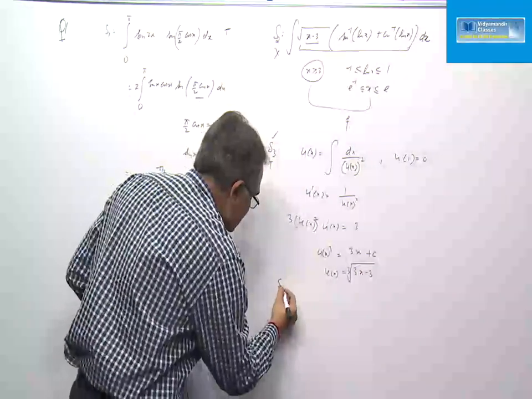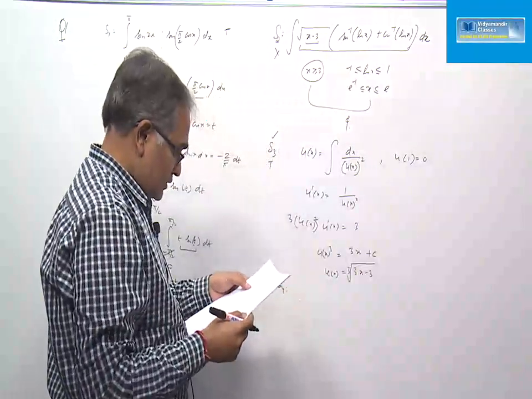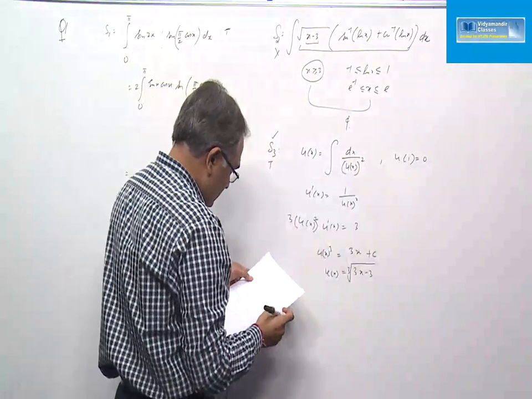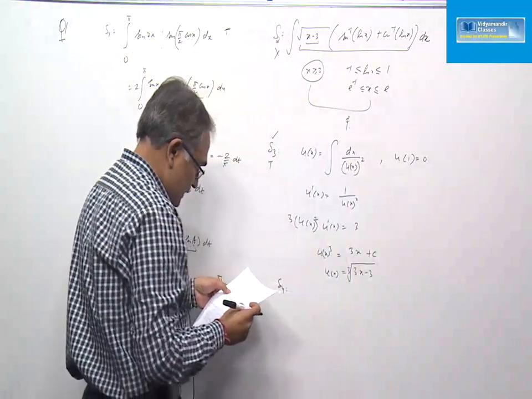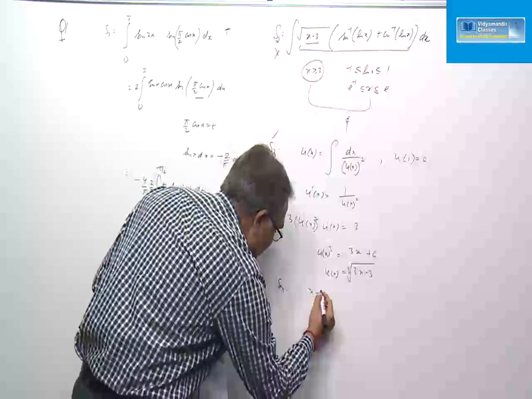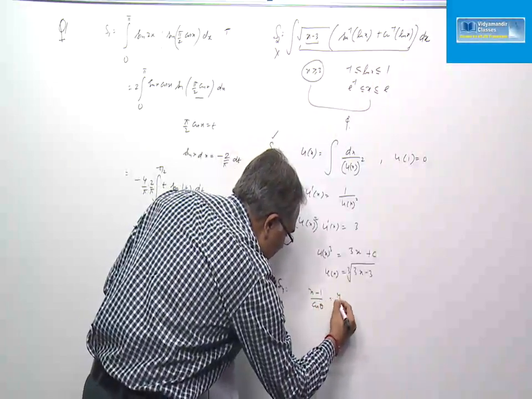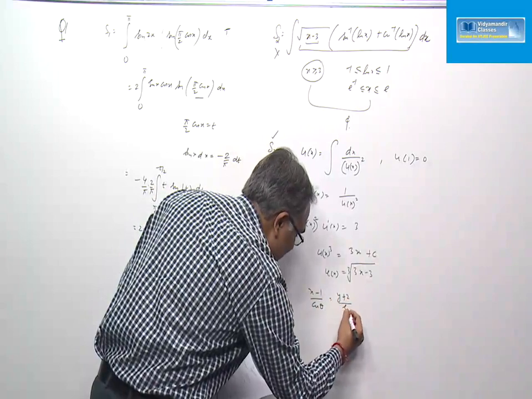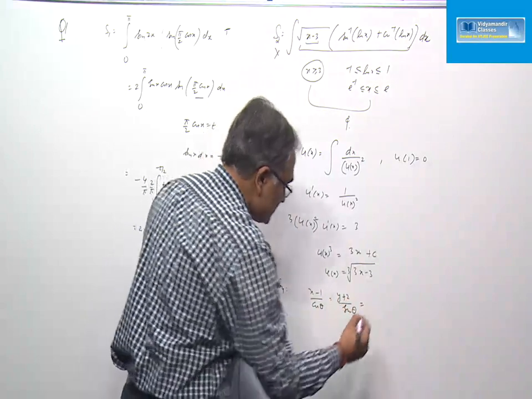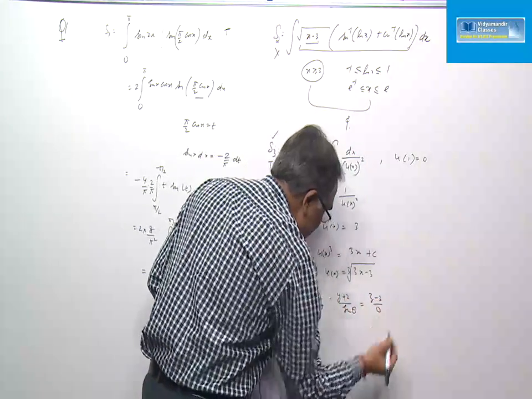Statement 4 is a question based on 3D, that is find the equation of plane passing through x-axis and perpendicular to the line x minus 1 by cos theta, y plus 2 by sin theta, and z minus 3 by 0.